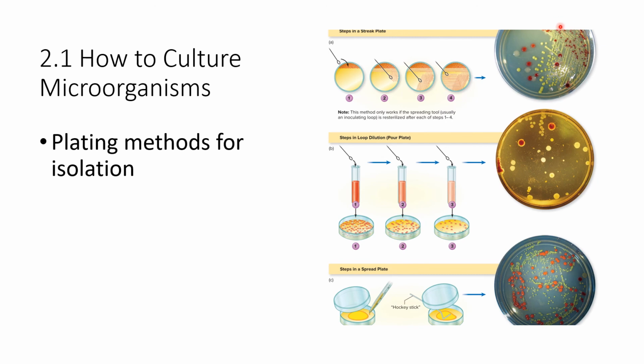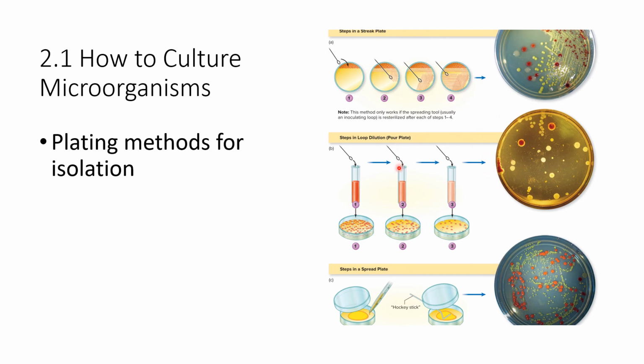So that original broth that had this mix of bacteria, I really can't do much with that. But over here, an individual red colony, individual white colony, individual yellow. That's millions and millions of the red, the white, the yellow that I can pick and do stuff with.